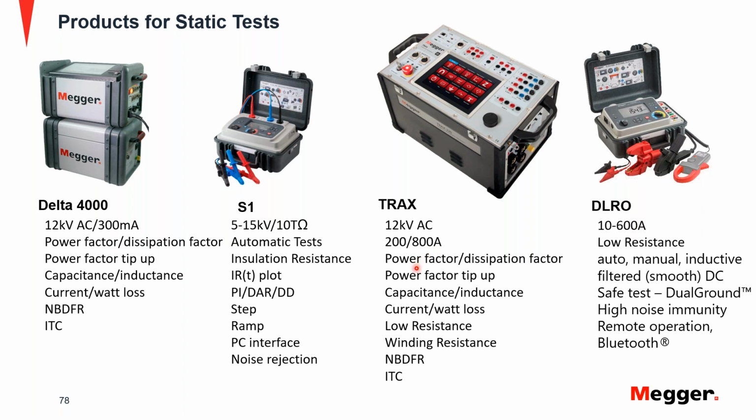It can do power factor tip-up, I mean, any measurement out there, and it has mathematical functions that you can do on the inputs of the different voltmeters and ammeters that it has, and it can measure phase, frequency, and magnitude in all of those ammeters and voltmeters. So you can basically design a measurement and do it with the Trax, even if the app is not right there.